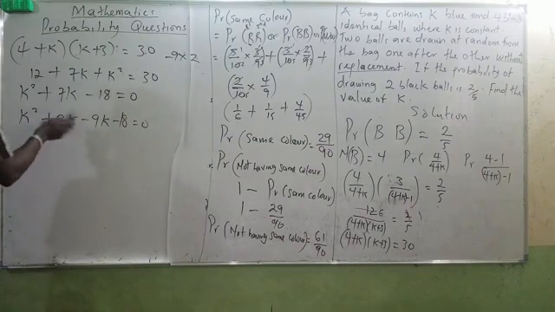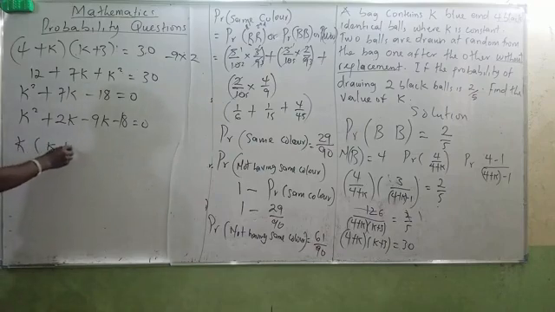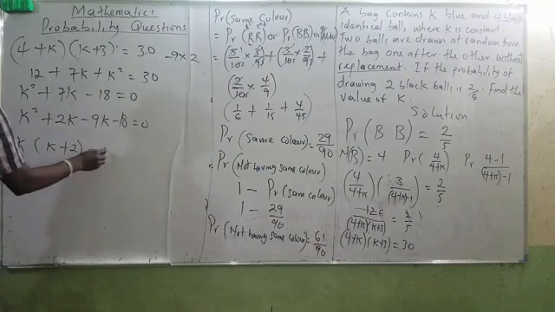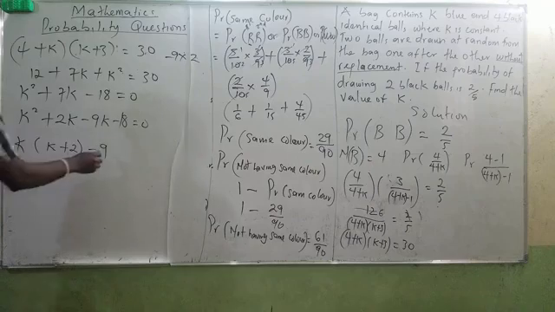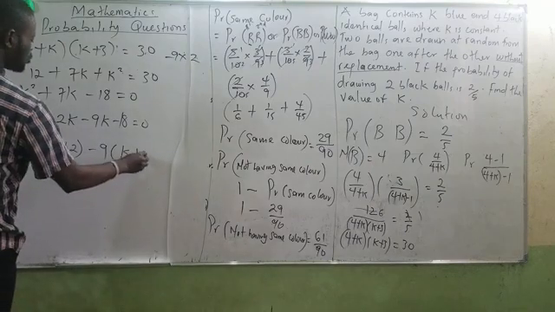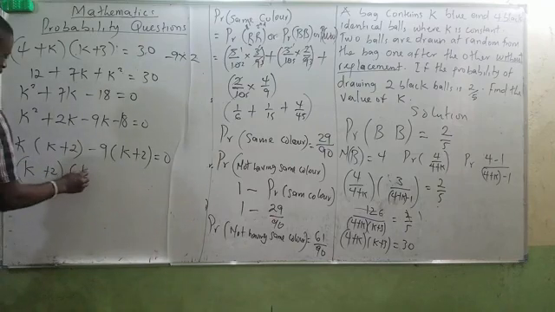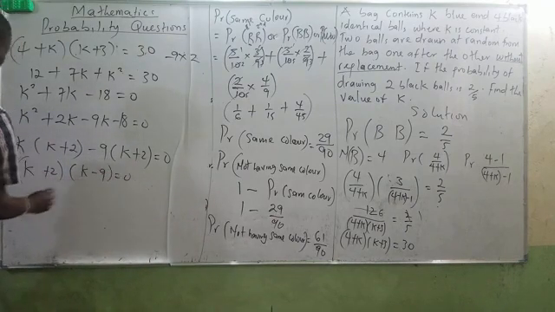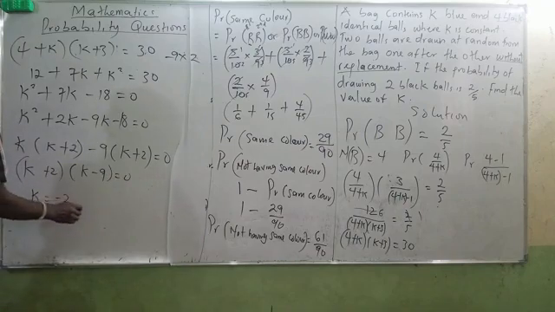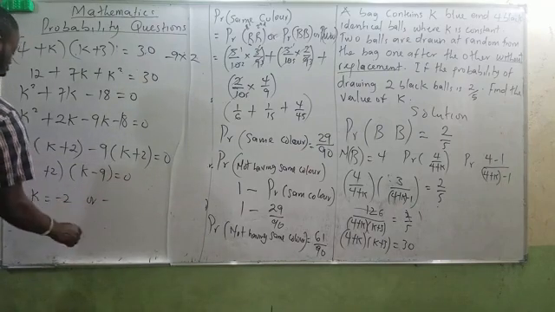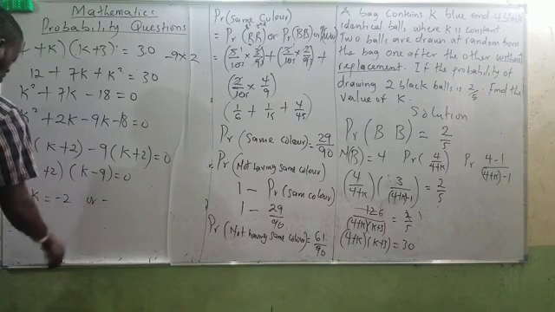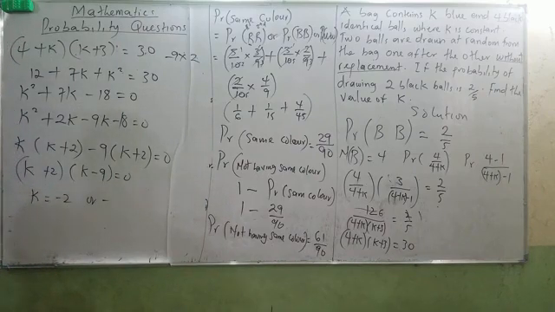Quadratic problem is at hand now. I can see that k bracket of k plus 9 minus 2 bracket of k plus 9 equals 0. Now, k plus 9, k minus 2. Now, it means my k equals minus 9 or k equals 2, hope I'm not making a mistake.